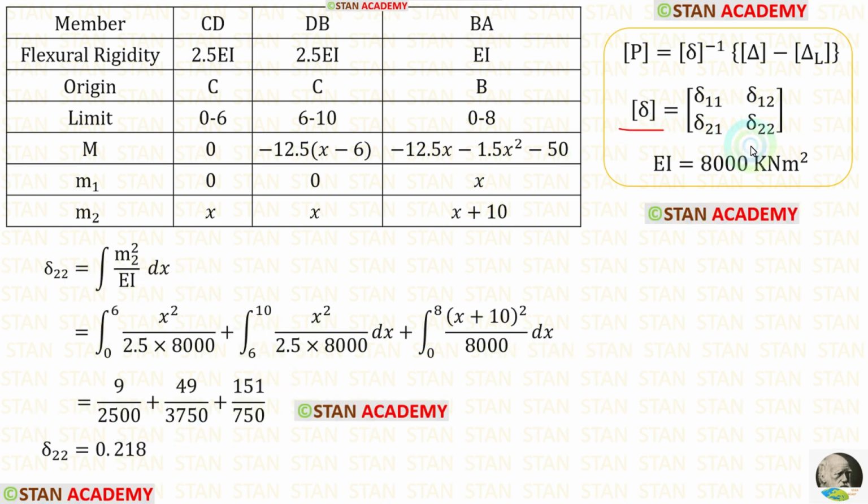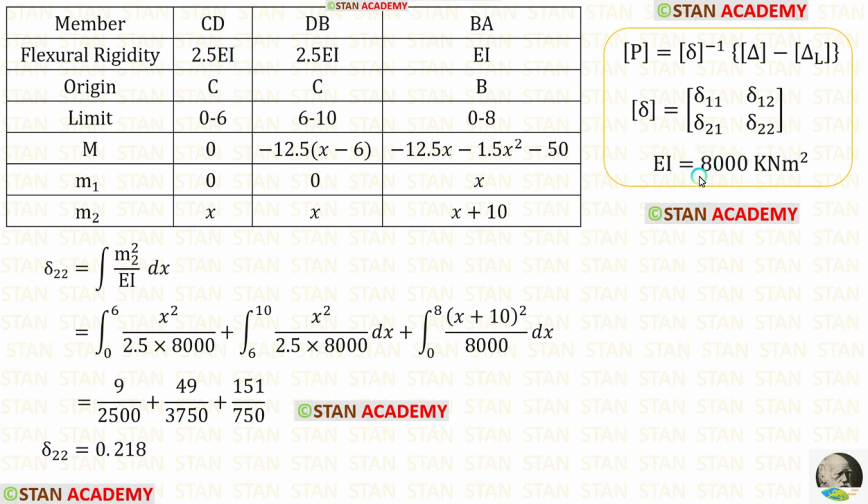In this matrix, now let us find delta 2,2. The formula is integration of m2 square upon EI dx. In CD, first time we are going to make the integration. For CD, the flexural rigidity is 2.5 EI.